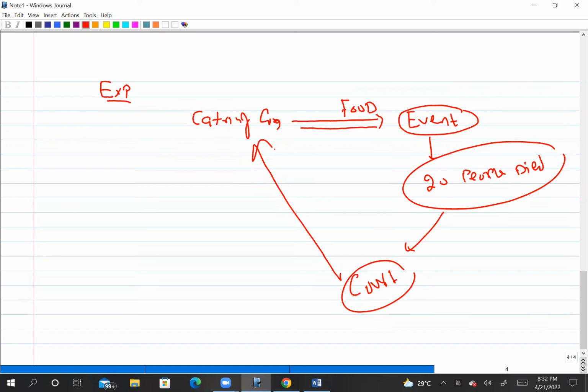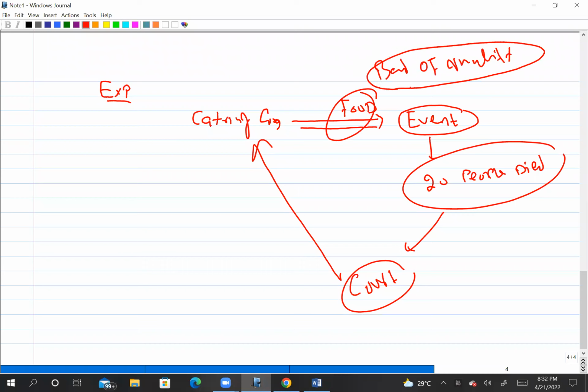Now, in this case, the delivery of the food, the bad quality of the food which we have delivered, is an obligatory event, a past event, due to which now we have an obligation that we should compensate the affected parties due to the supply of the food provided by our catering company.